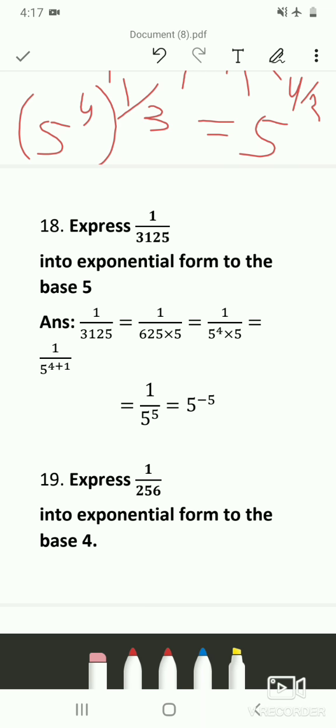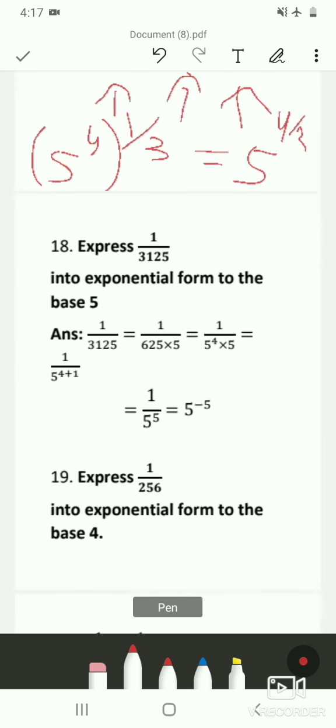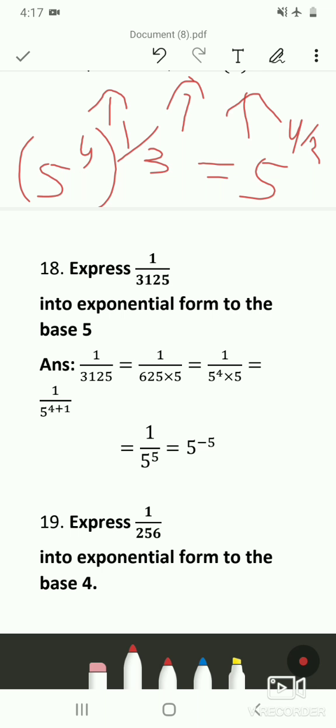So now let's move to the next problem. Express 1 upon 3125 in exponential form to the base 5. Again you have to express 3125. You just divide by 5, so you will get 625.